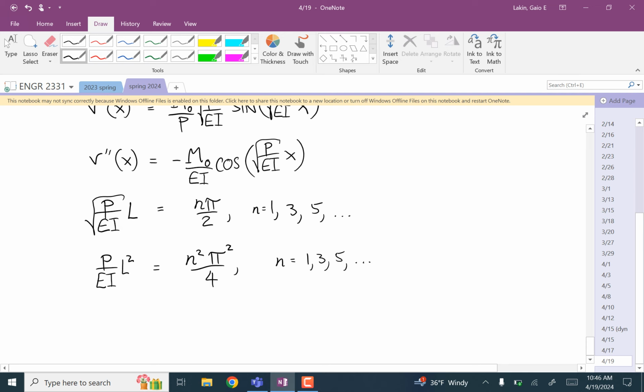The lowest force is going to be at n equals 1. And so our P critical is equal to EI times pi squared over 4 L squared.